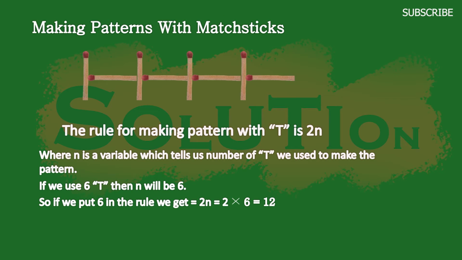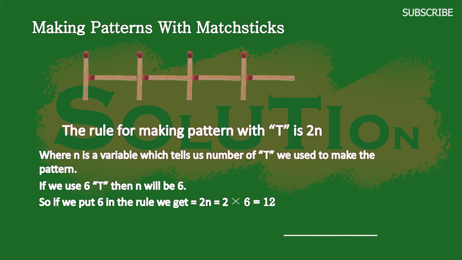Now, with the help of this formula, this pattern or rule, I can find out the number of matchsticks without designing the pattern, right? Before, you can see at the top we have 8 matchsticks, and for that I had to make the design to see how many matchsticks we need. Now, without making the design, just by knowing how many T's I want to put.